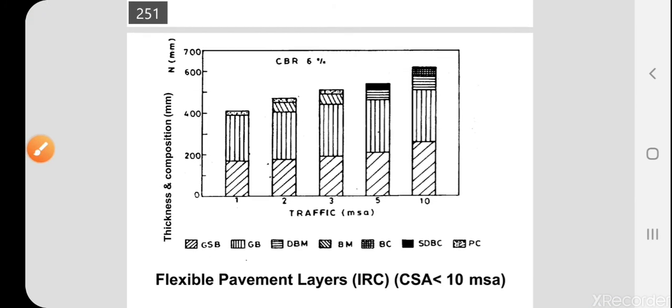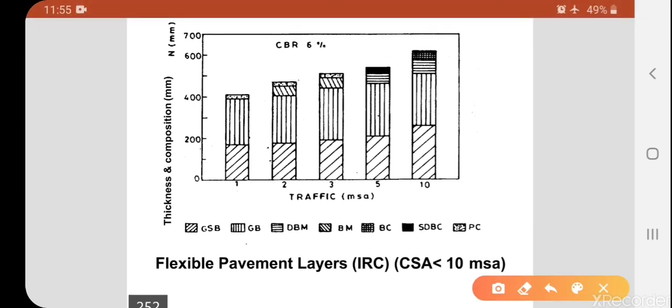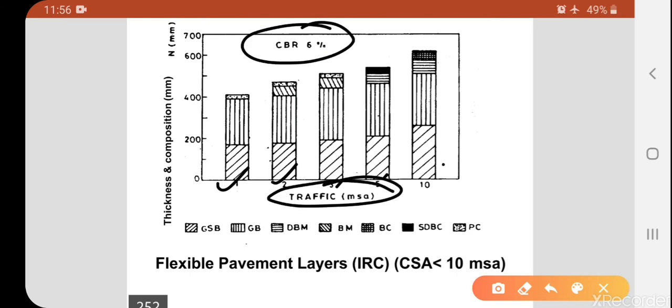So for flexible pavement layers as per IRC, if it is less than 10 MSA, there are 1, 2, 3, 4, 10, totally 5 categories of MSA. For CBR 6%, you can see the thickness and compositions. What will be the thickness?